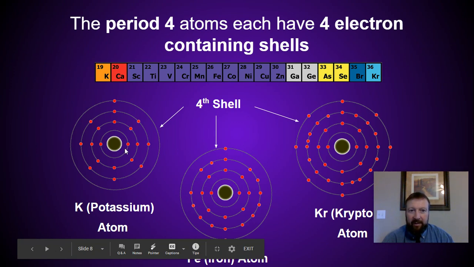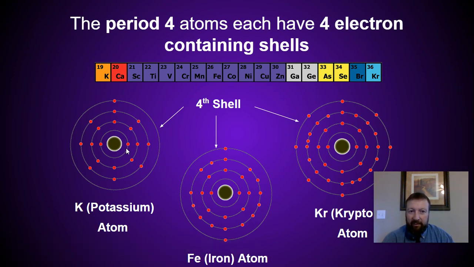But if you notice, they all have the same number of energy levels: 1, 2, 3, 4, 1, 2, 3, 4, 1, 2, 3, 4. So they all have the same shells, but they don't have the same number of electrons in their outer shell, because that comes from the columns. So you have groups or families in a column, and then you have rows that are periods.